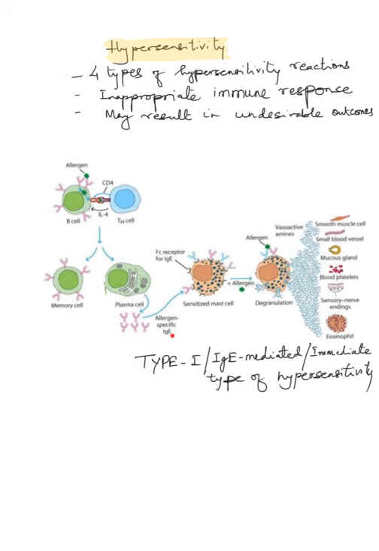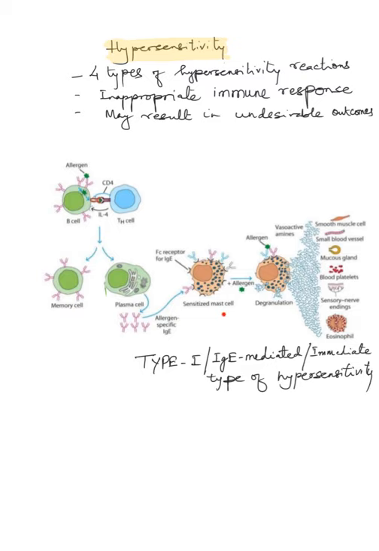So once this IgE is produced, this IgE can go and bind on mast cells or on basophils onto Fc epsilon receptor. Fc epsilon receptors are the receptors that can bind IgE. So this IgE goes into the circulation and it can bind to the mast cells or the basophils. And then once it binds to the basophil or the mast cell, these cells are called as sensitized mast cells or sensitized basophils.